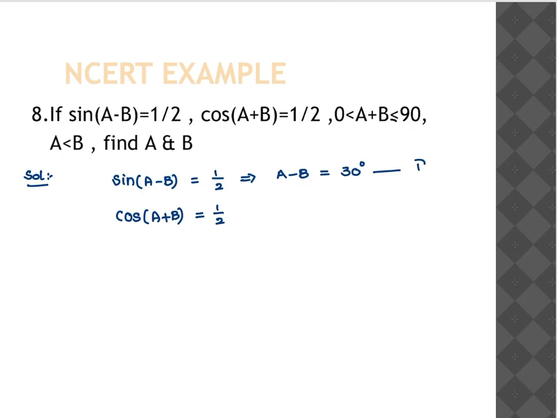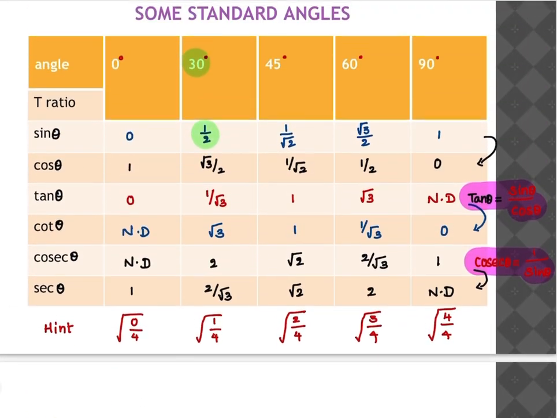This is equation 1. In the same way, cos of a plus b is 1 by 2, meaning a plus b is definitely 60 degrees. These two are complementary angles. Sine of theta is equal to 1 by 2 and cos of theta is also 1 by 2, so both must be complementary angles, or else you can check the table also.